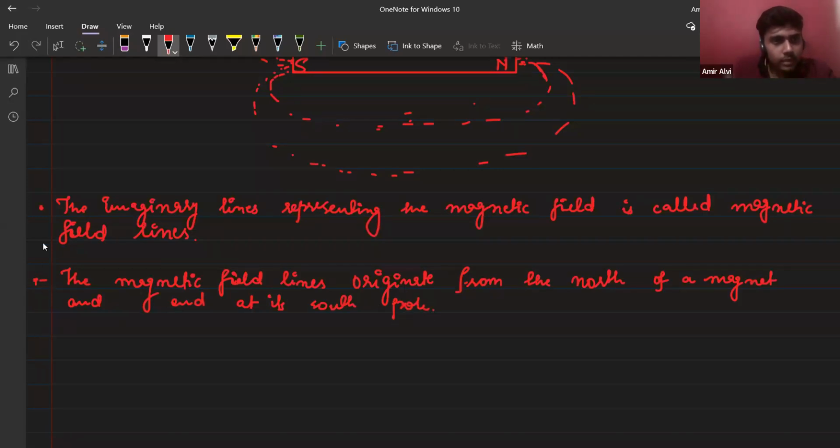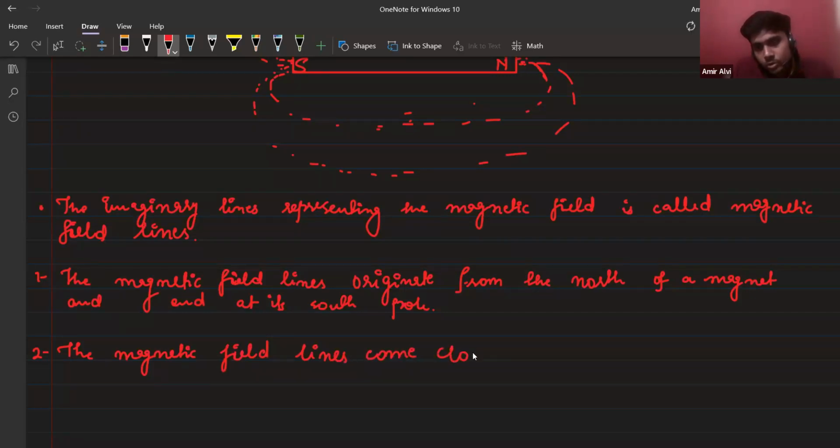Second, magnetic field lines are closer to one another near the poles.